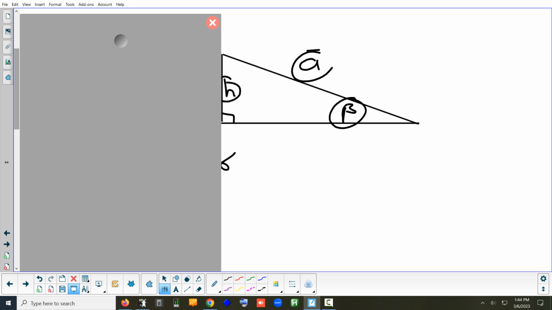So the reference angle has to be one of your acute angles. Yep, beta. And what would be the position of this side relative to beta? Yep. Good. That side's opposite. And Cameron, what about side A? Yep, that's your hypotenuse.